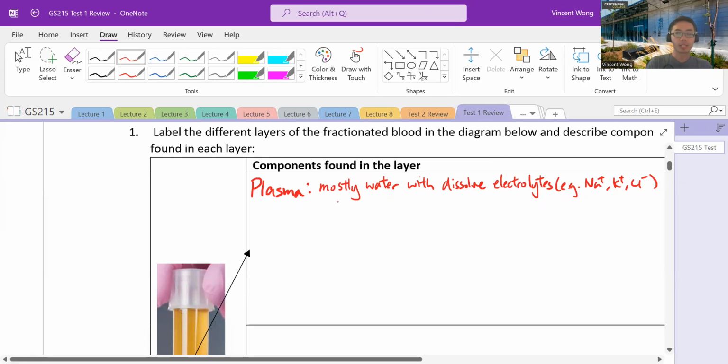There are also going to be dissolved nutrients, wastes, right? And proteins, right? Contains plasma proteins.